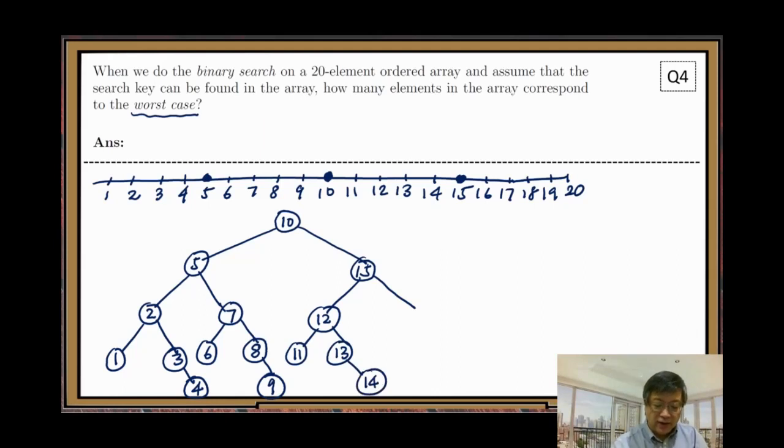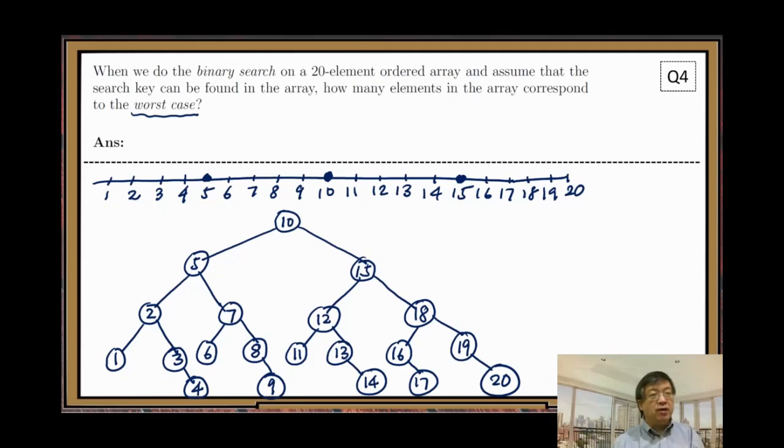Now the remaining 5 elements: 18 is the median, then 16 and 17, then 19 and 20. This is the binary tree that corresponds to the binary search.